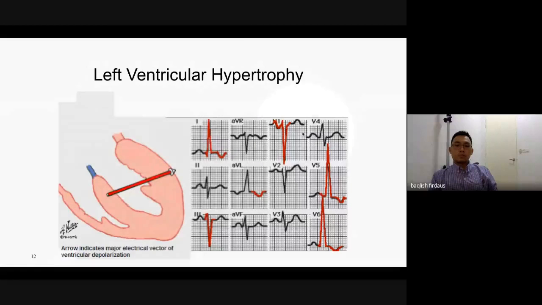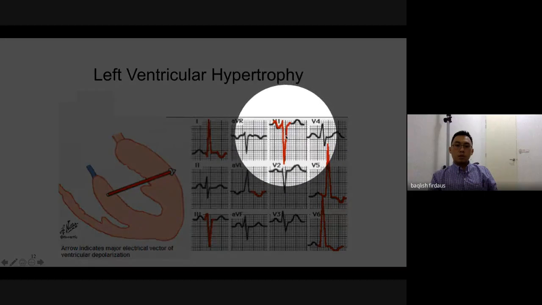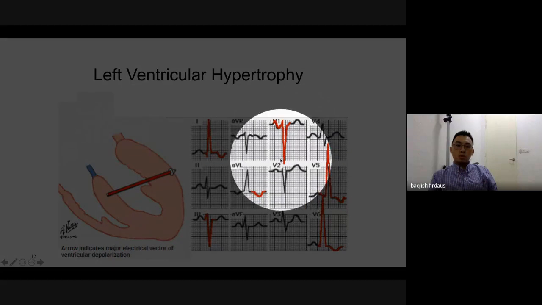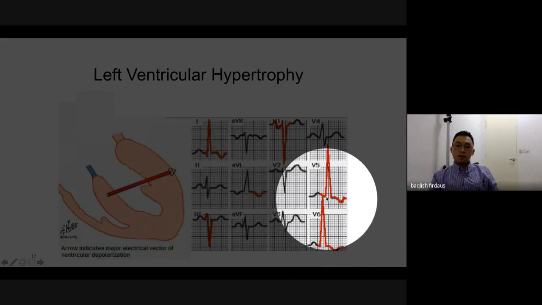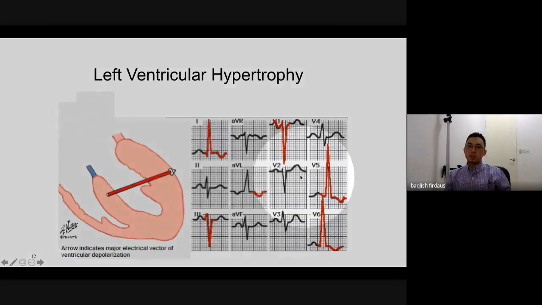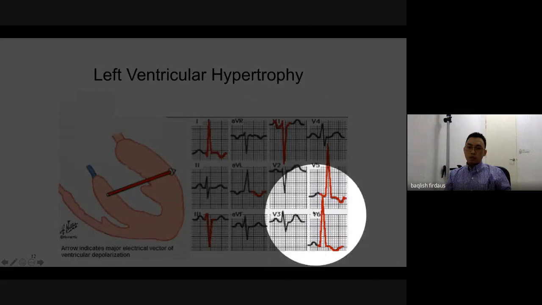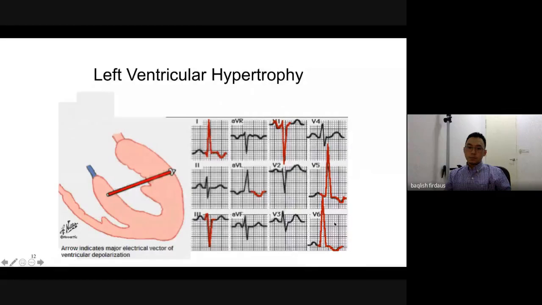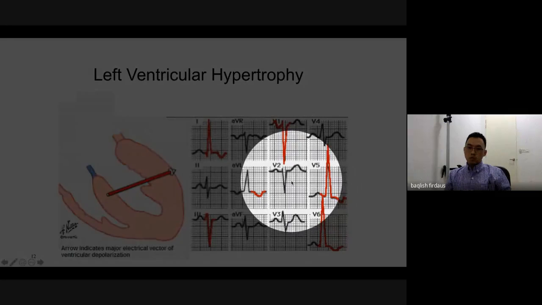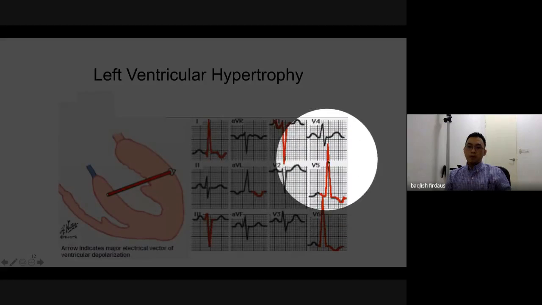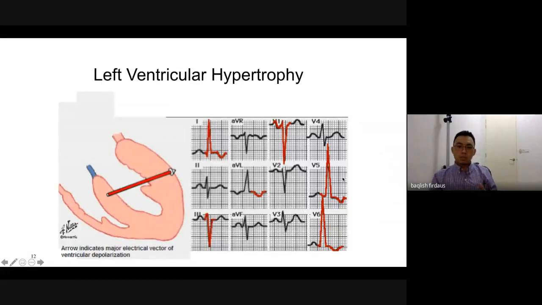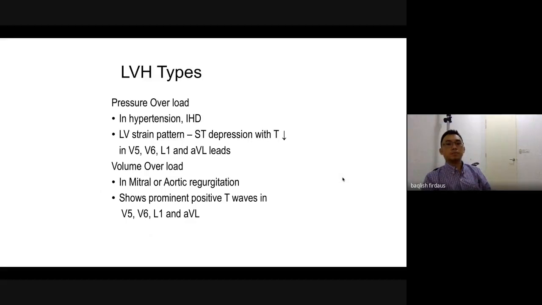So you calculate like here, there will be 1, 2, 3, 4, 5, 6, 7, 8 boxes. If the summation is more than 7, we classify the patient as left ventricular hypertrophy.